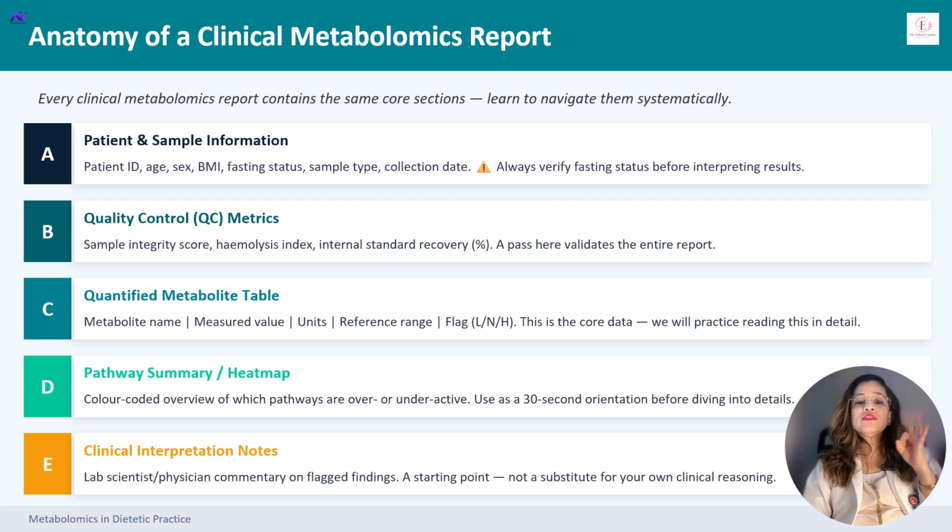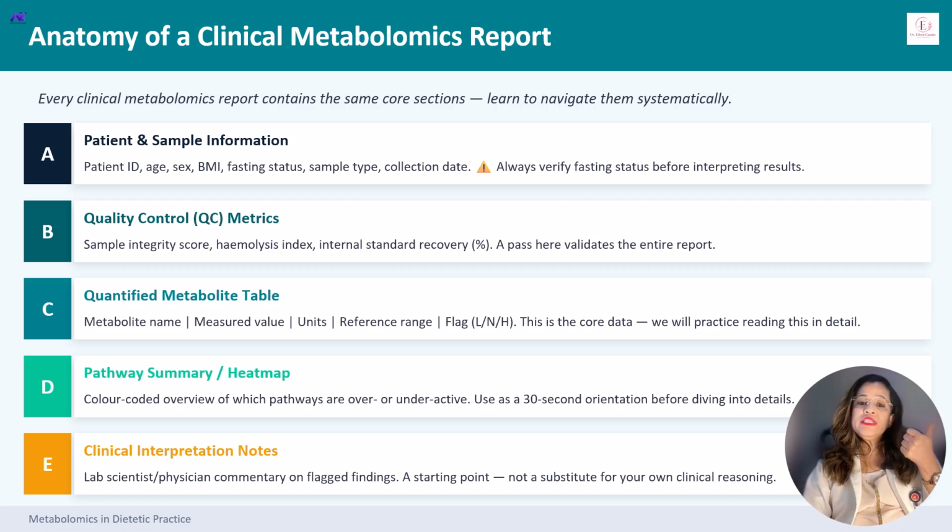If fasting status is not confirmed, then you have to be careful, because there is a difference in the reports in the fasting and the non-fasting state. Section B is the QC metrics, that is the internal standards recovery; below 80% or above 120% may indicate extraction failure, like hemolysis releasing intracellular metabolites. Not so much used by us, but you should be able to understand what it means.